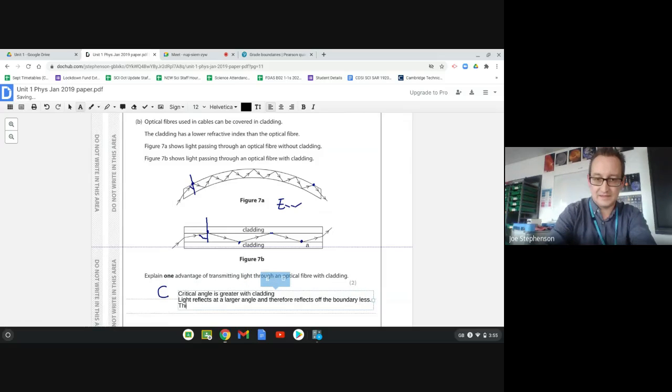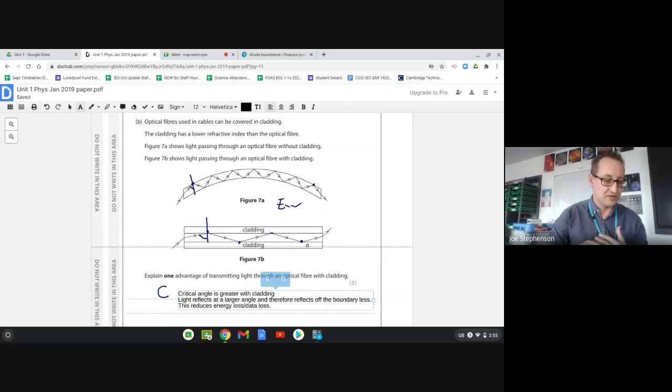This reduces energy loss, or data loss, in that particular respect. So it's basically identifying something as an advantage and then saying why it's an advantage.